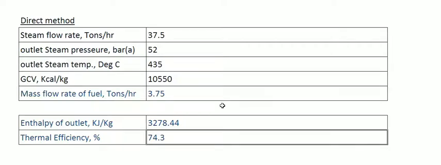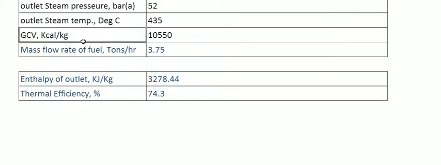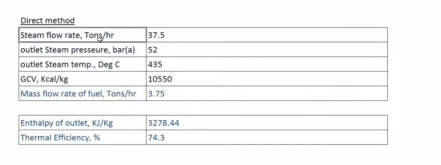Just to rewind: to find out the efficiency of the boiler, we need energy available at the steam outlet and energy supplied in the fuel. For that we need the calorific value of the fuel and mass flow of the fuel, steam outlet flow rate, and the enthalpy of the steam. It is the outlet pressure and temperature of superheated steam, so we check the superheated steam table. So energy output by energy input.